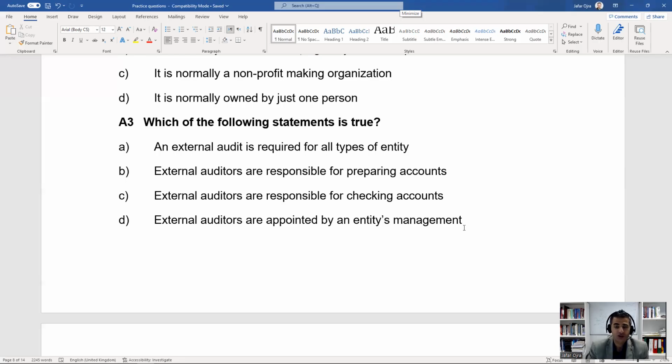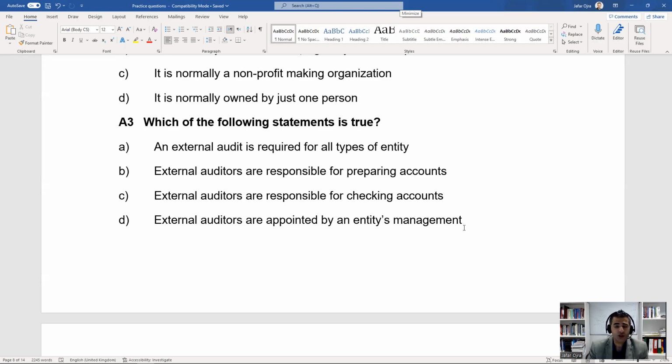The auditor's job is to verify the financial statements and see if they have been done according to the accounting rules, and whether there is any problem, fraud or manipulation. That's the role of the external auditor.